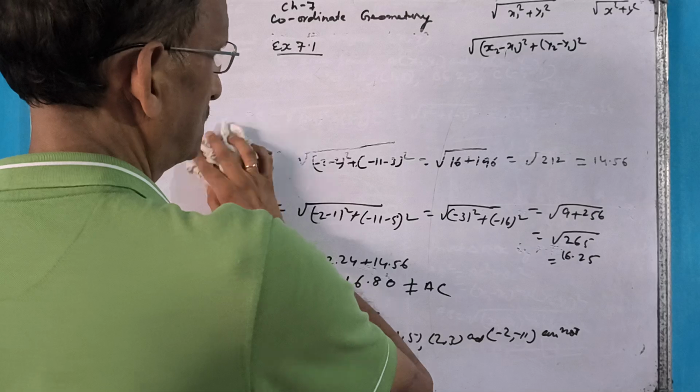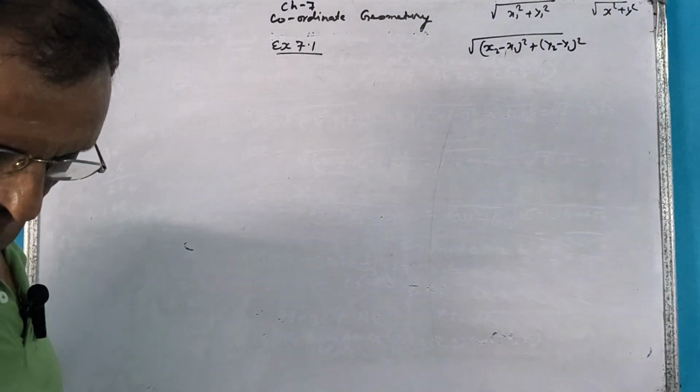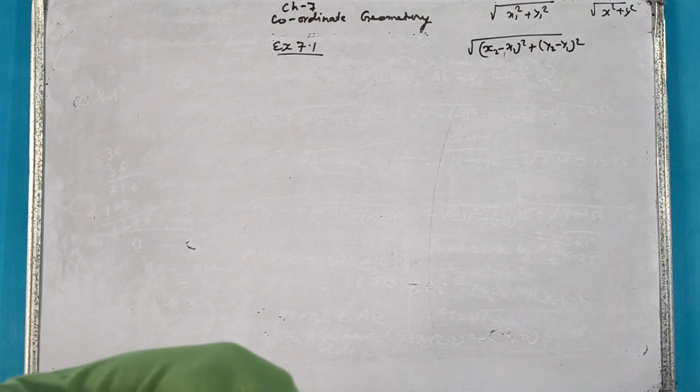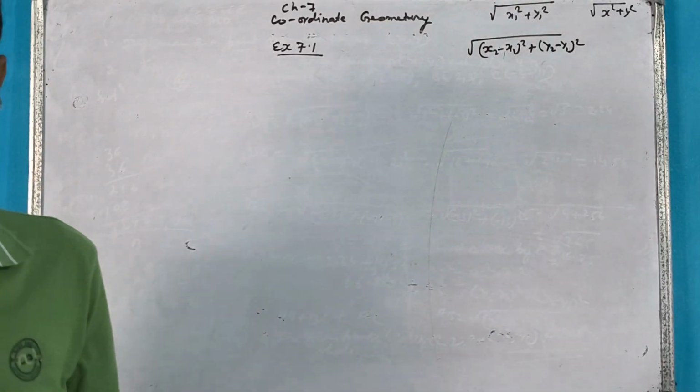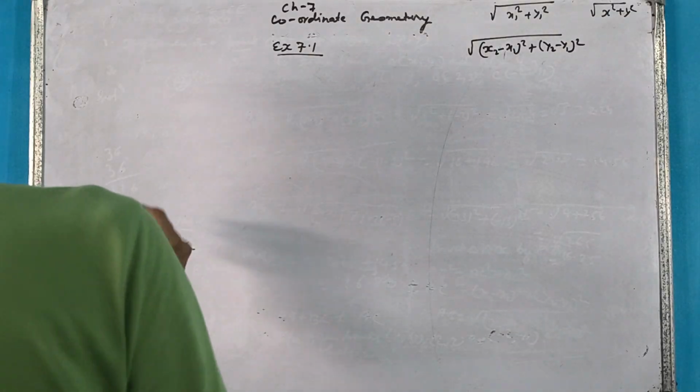Now go to number 4. Question number 4 is saying, check whether the given points are vertices of an isosceles triangle.